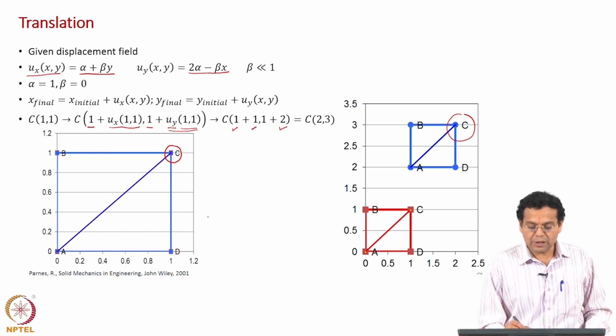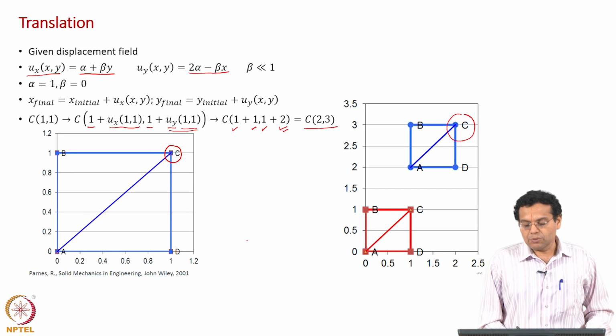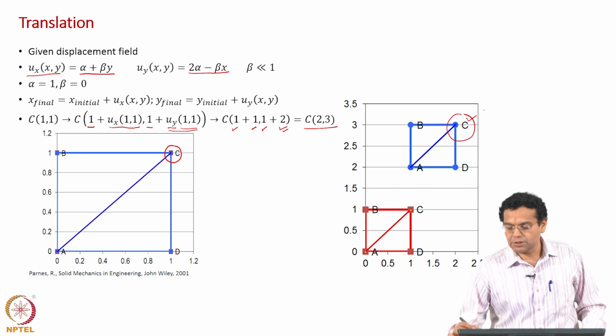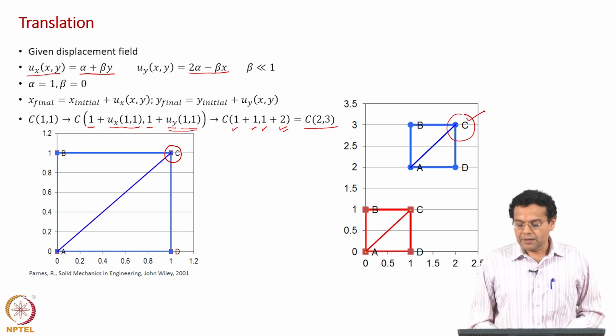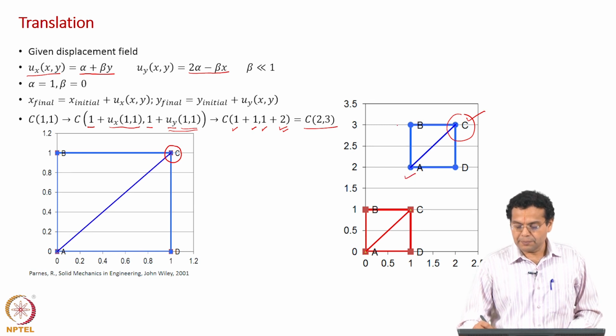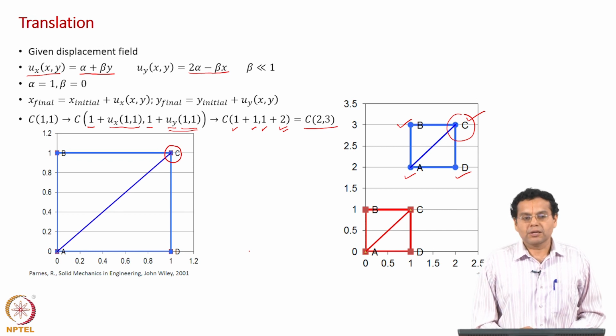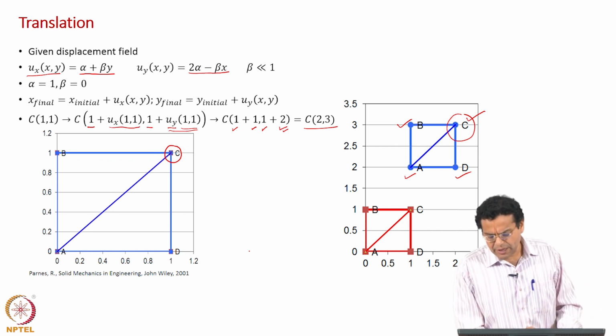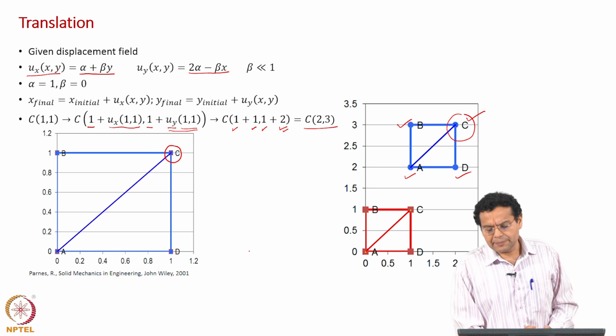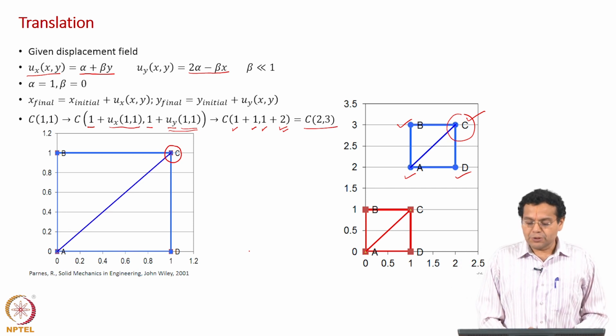The new y coordinate is the old y coordinate 1 plus the vertical displacement 2. If you sum up, the new coordinates are 2 comma 3, which is what is shown here. Likewise we can calculate for a, b and d, and draw the square connecting a, b, c, d, which shows the new coordinates.